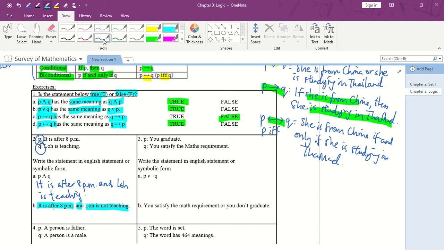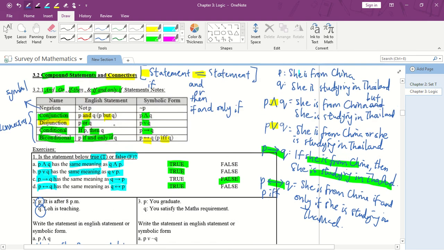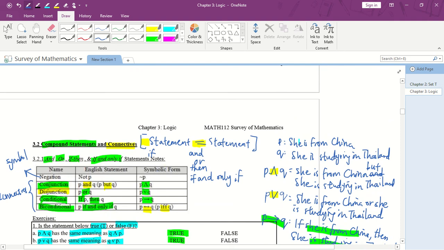If you want to write it in symbolic form, we know that this is P, we know that Law is teaching is under Q. However, here added the word not, which means they use negation here. You see, negation, not P, means a wave sign P.